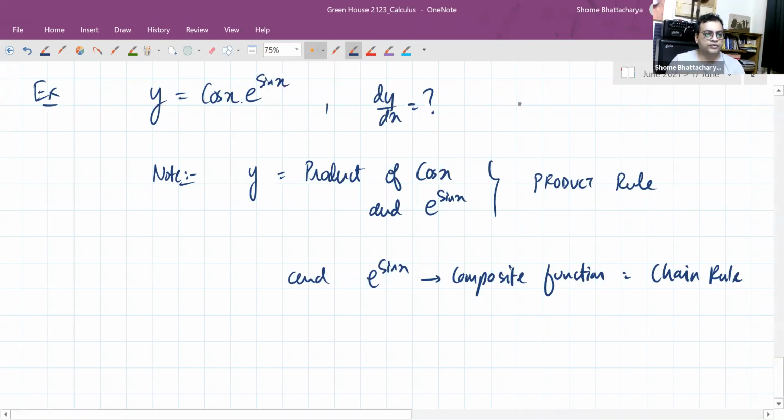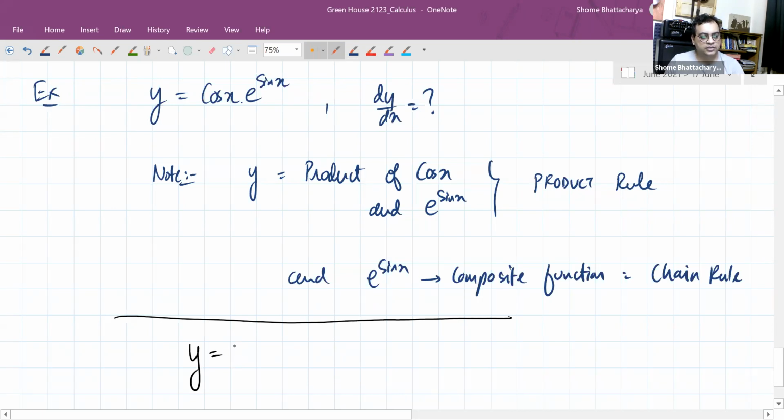Okay. So we want to find dy by dx over here. So, first, what we'll do here is, let's say we'll treat y as the product of two functions, or we can just treat it like two variables itself. Okay.